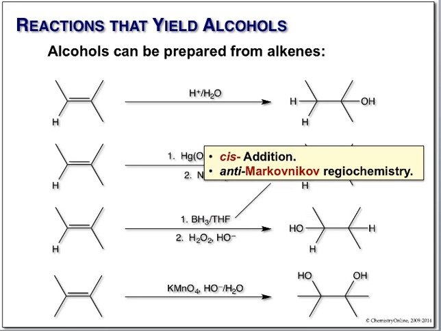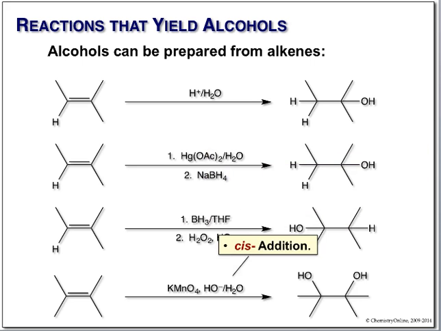And once again, it's anti-Markovnikov. Finally, we also know that we can make 1,2-diols by taking an alkene, either the permanganate or osmium tetroxide, and we have cis addition of our hydroxyl groups. So this is what we know.